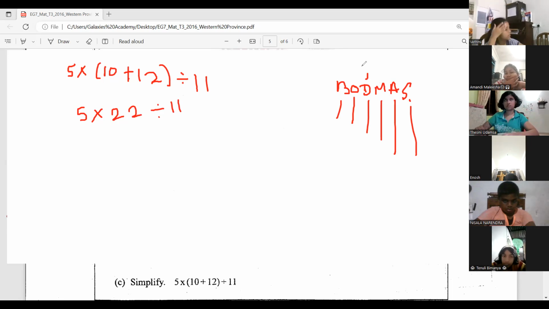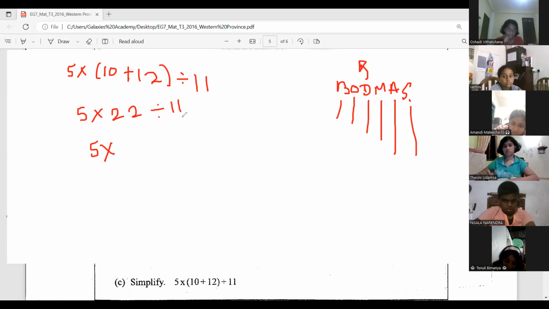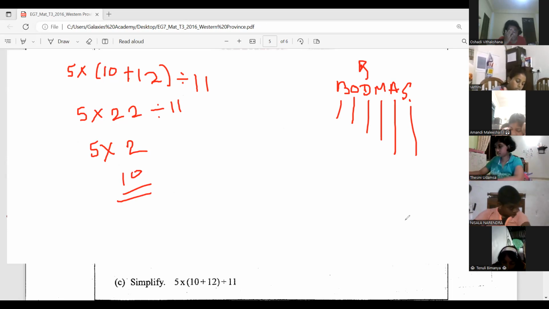What is the first one? Division. Right? 5 multiply 22 divide 11. What is the answer? 2. Then you can get the answer. 5 multiply 2. The answer is 10. Right? You remember this rule, okay? BODMAS rule.